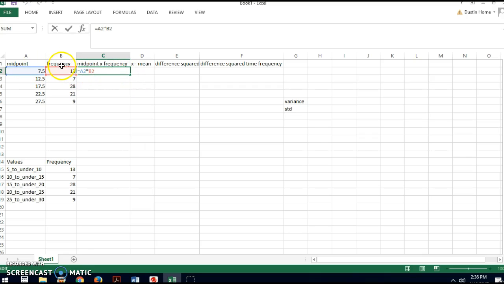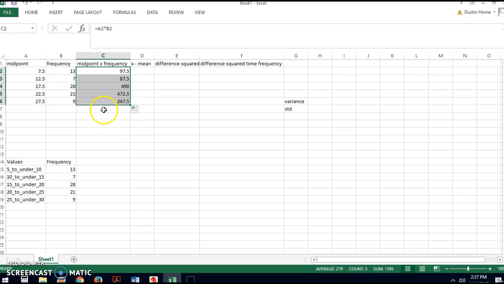Equals this times this. Okay, and then instead of doing that every single time, you're going to drag it down and it's going to get your numbers for you. Give me just a second.